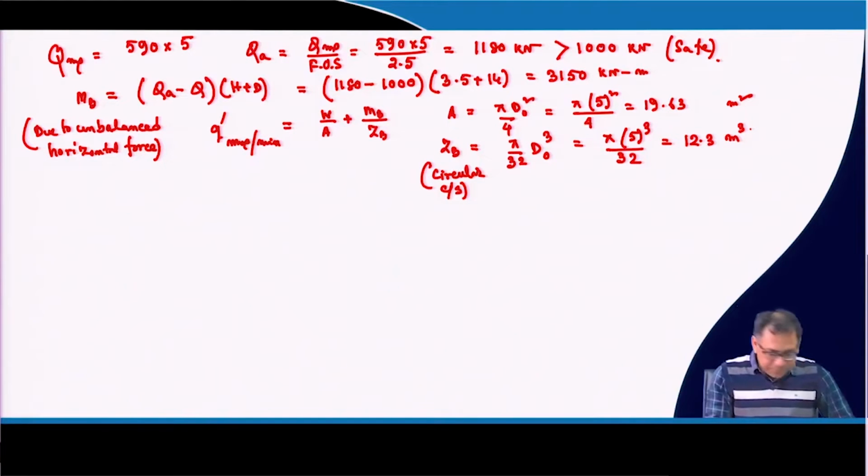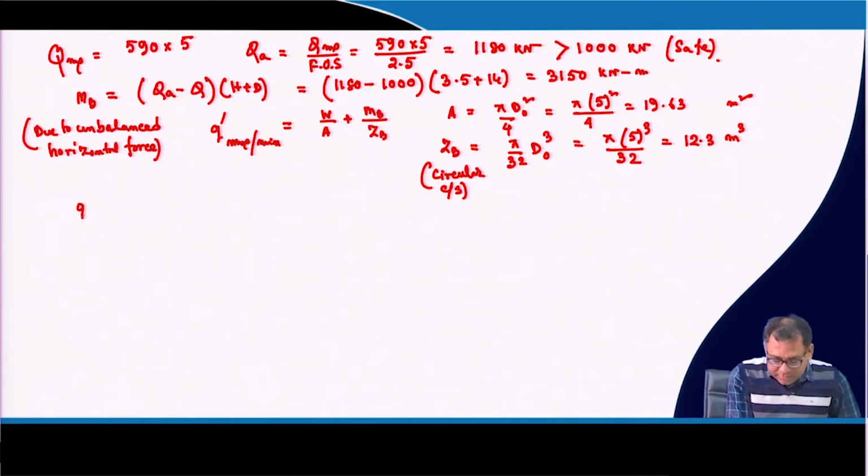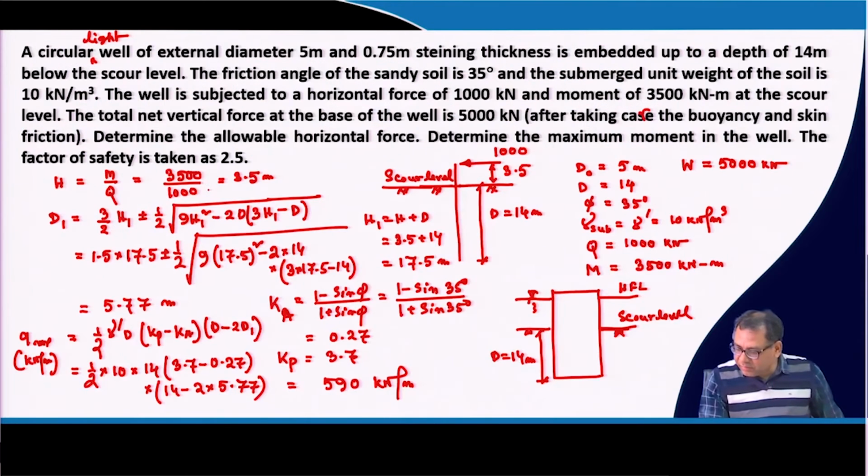So, finally, I can write that q dash max, mean, is equal to W, which is 6000. W is given actually 6000.